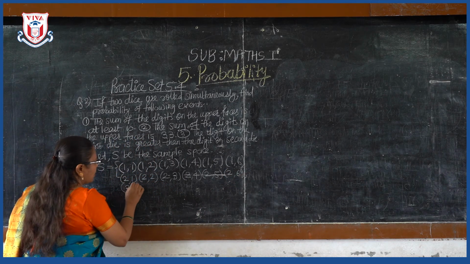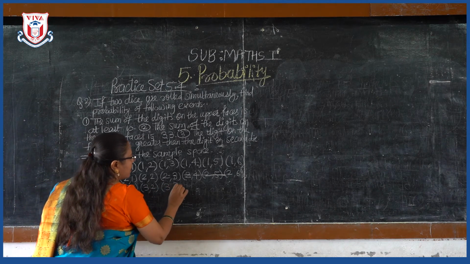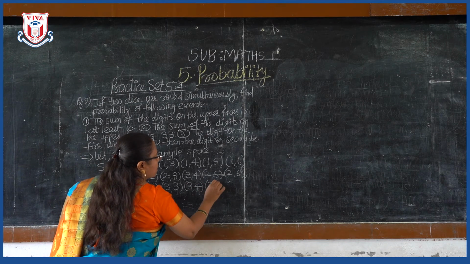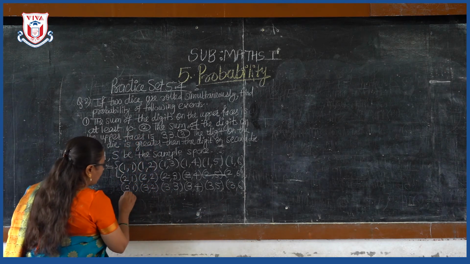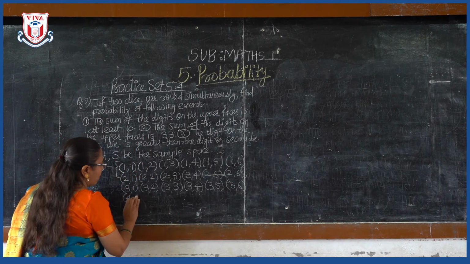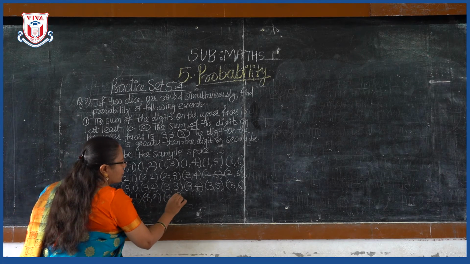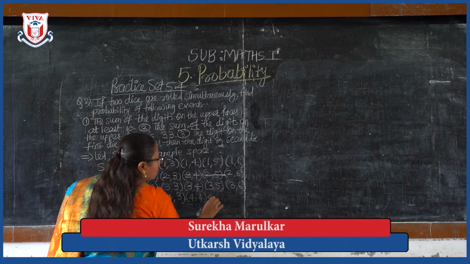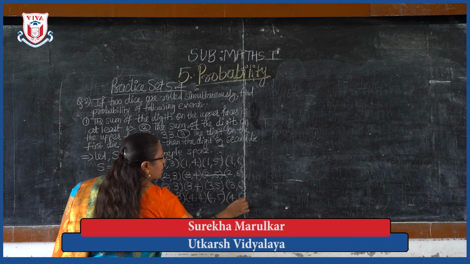Then 3 1, 3 2, 3 3, 3 4, 3 5 and 3 6. Next is 4 1, 4 2, 4 3, 4 4, 4 5 and 4 6.